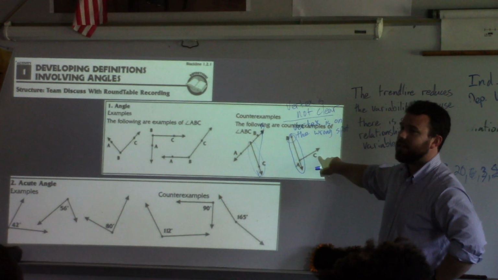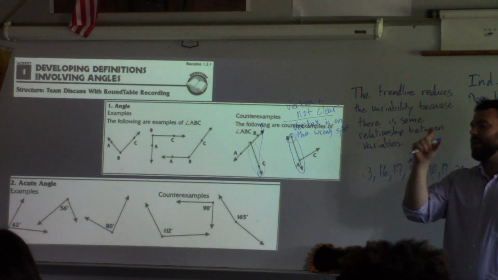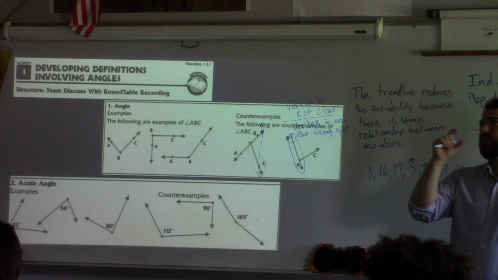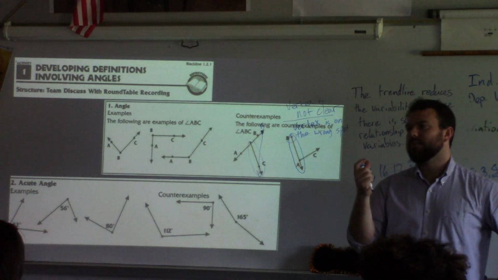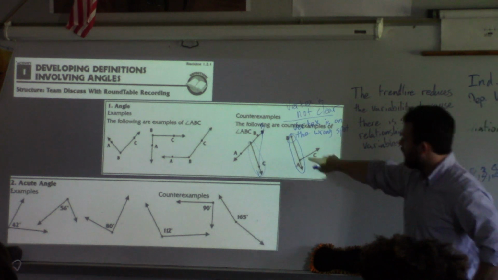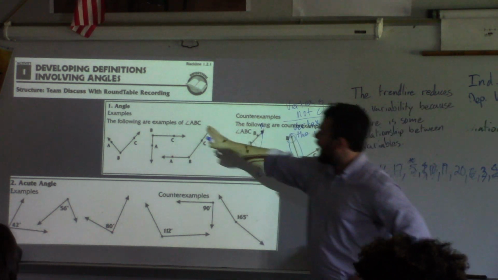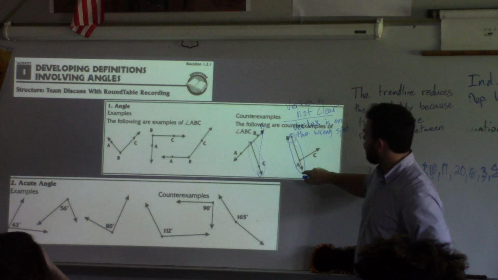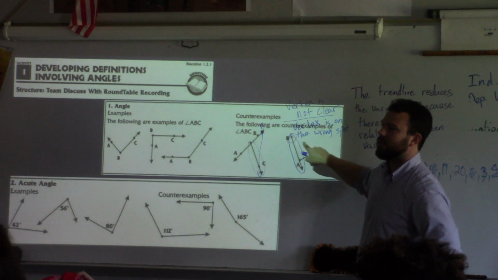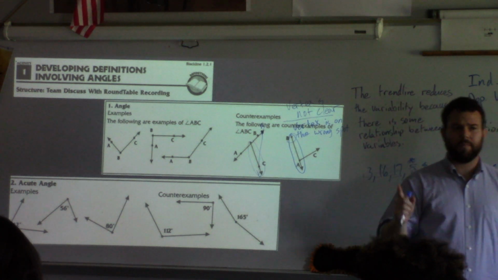That's problematic, because remember, you're very correct in the idea that we need, but here's the thing, how many rays do we need coming out of B? We need 2, right? So is there a ray coming out of B? Yes. But for it to be angle ABC, we need the other ray to also come out of B. Okay, so that's an important detail, we'll come back to that.